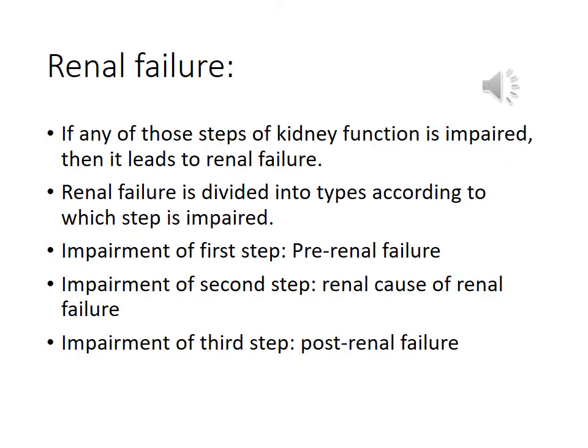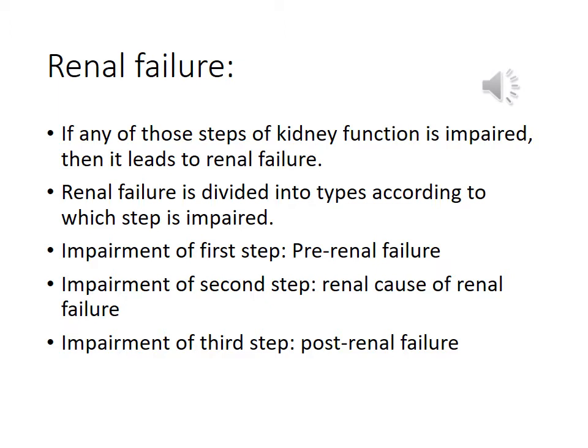So as the function of kidney is done in 3 steps, if any of these steps is impaired or unable to function, the whole kidney function will be affected. This will lead to a state called renal failure. Now, we can divide the causes of renal failure into 3 types according to which step of the renal function is impaired.